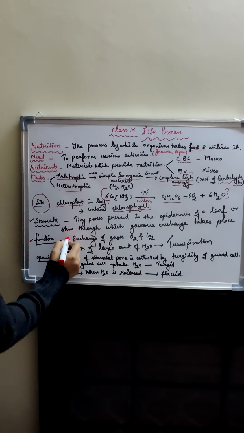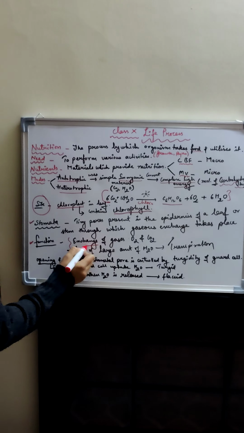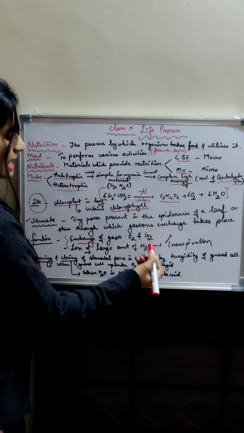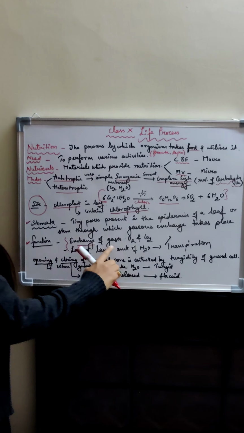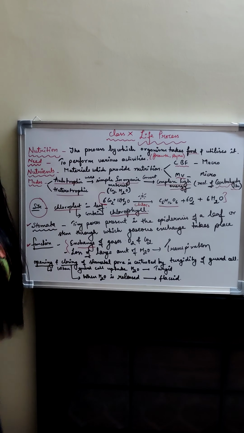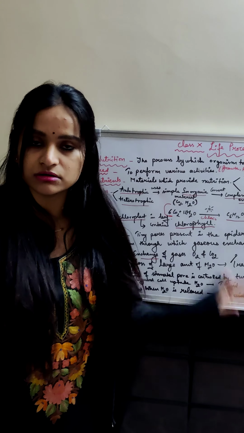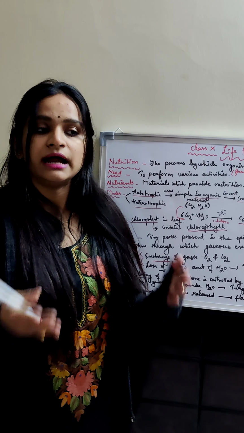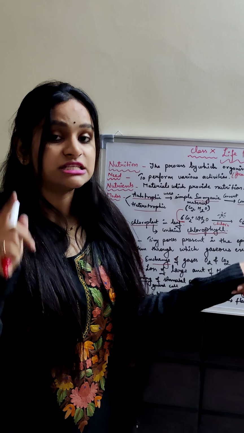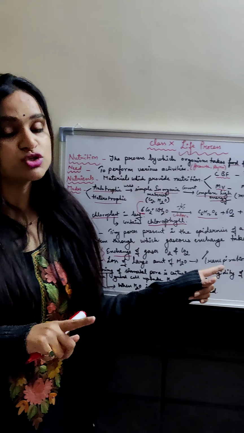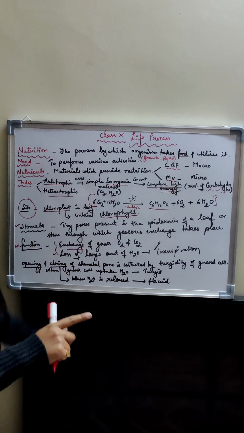So basically the functions are again exchange of gases like oxygen and CO2 and loss of large amount of water. And there is a particular process through which the loss of large amount of water from the plants takes place, and that is transpiration, especially when we talk about it through stomata.